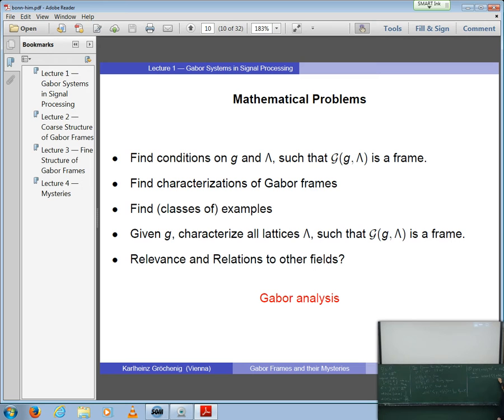When you spell this out, then this is the integral of f of t. Let's write z equals x psi. So we have modulation by psi and translation by x. That's a well-known object.